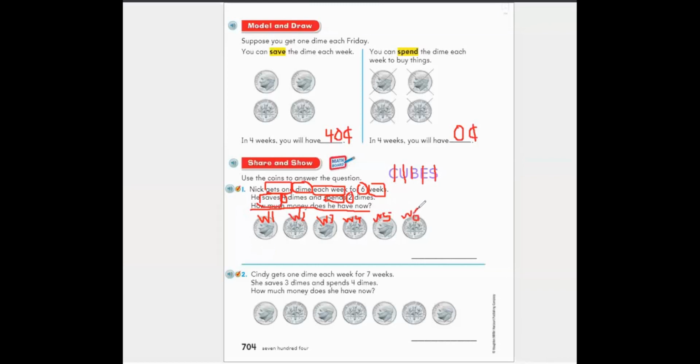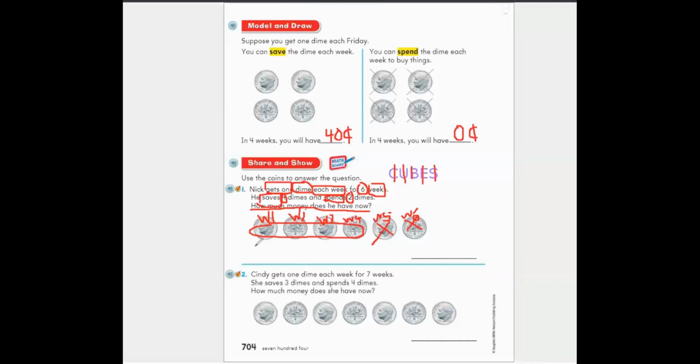They say that he saves 4 dimes. So he saves these 4 dimes. And he spends 2 dimes. So he spent this, and he spent this dime.